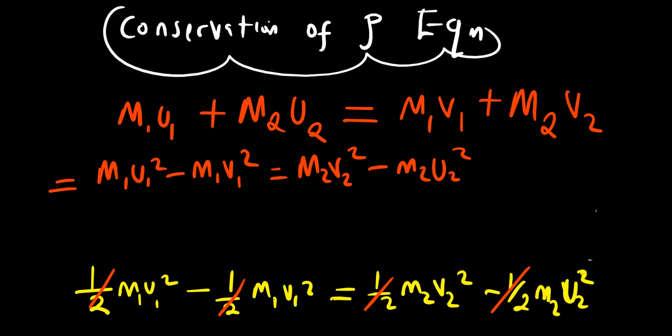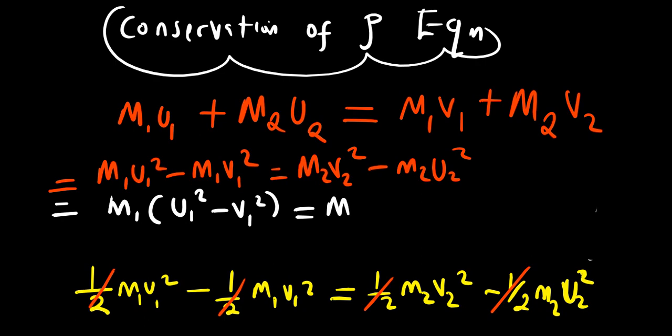So if I factorize mass, I'm going to have m1 times u1 squared minus v1 squared is equals to, on the other side, if I factorize m2, I'm going to have v2 squared minus u2 squared. Okay, so now that I've got this, I can also use the difference of two squares.